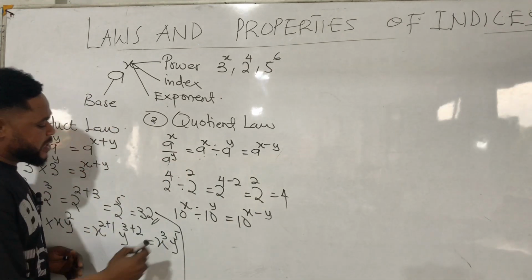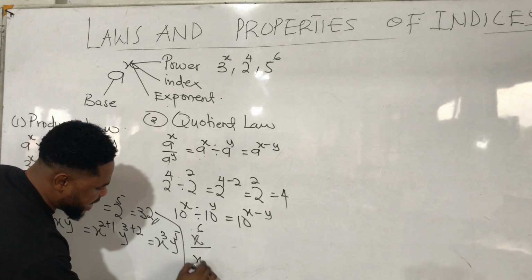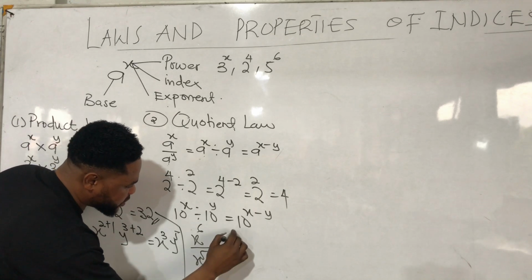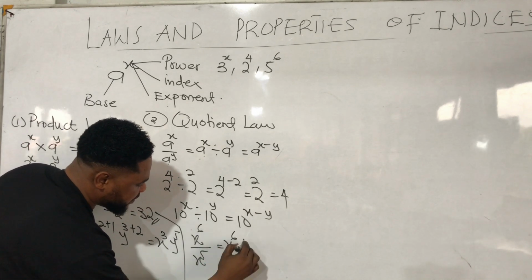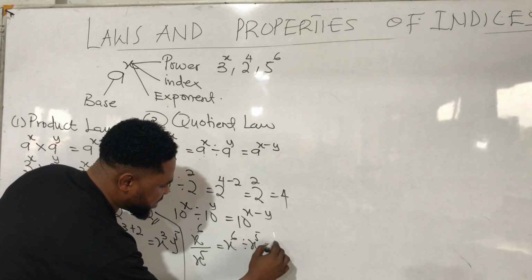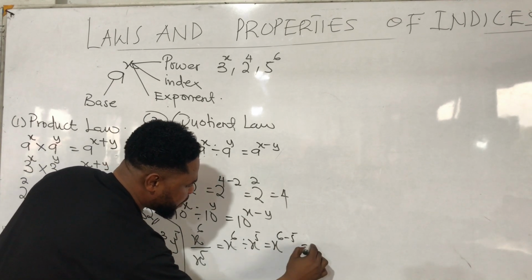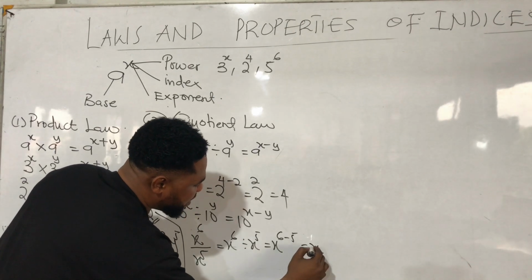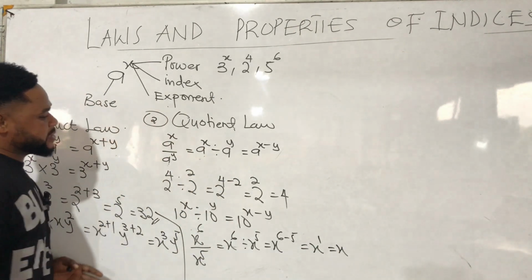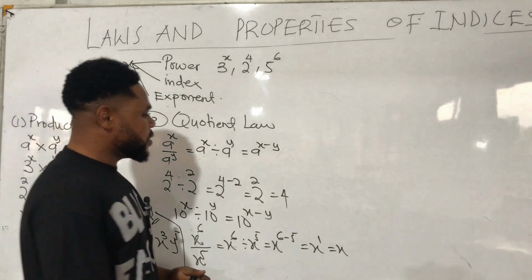Again, if I have, let's say, x raised to the power 6 over x raised to the power 5, it is the same as x raised to the power 6 divided by x raised to the power 5, which will give me x raised to the power 6 minus 5. And that will give me x raised to the power 1, which will be x. So these are a few examples that we can have under the quotient law.